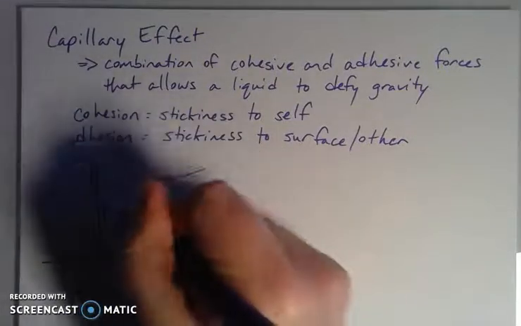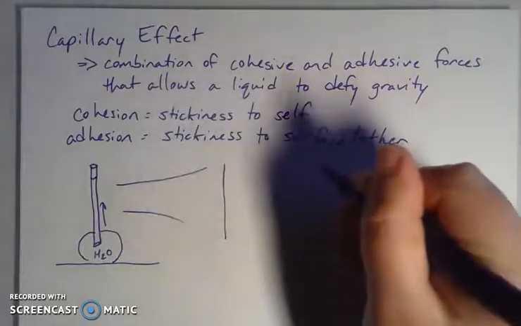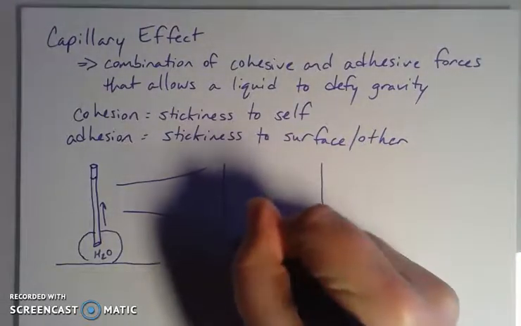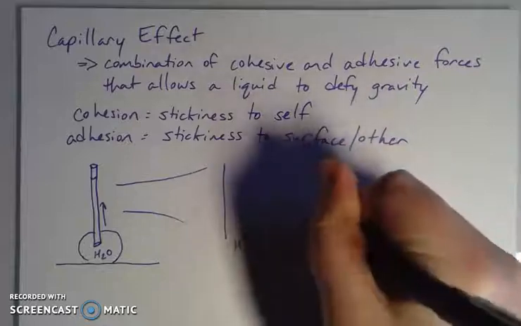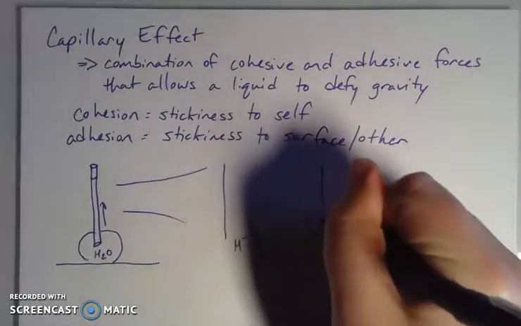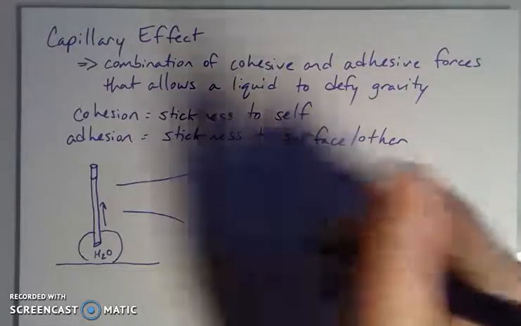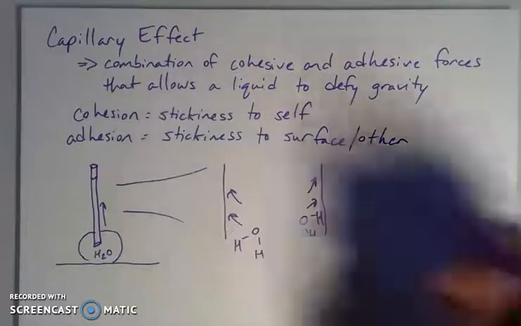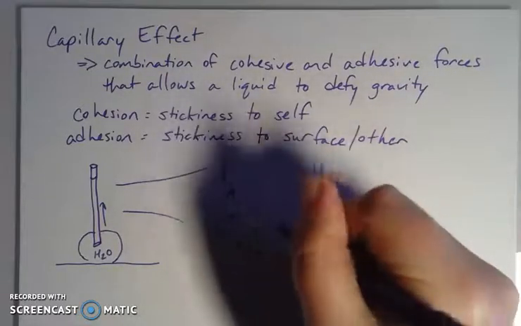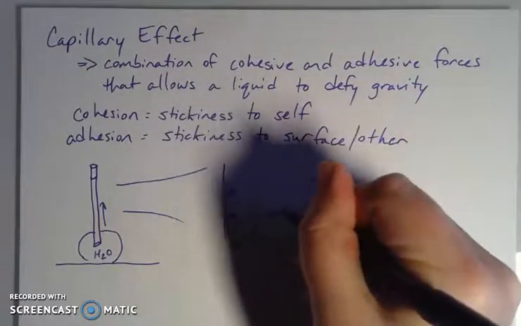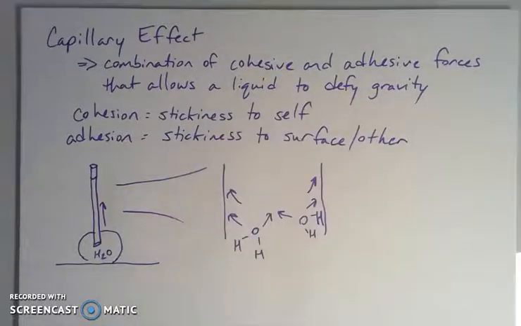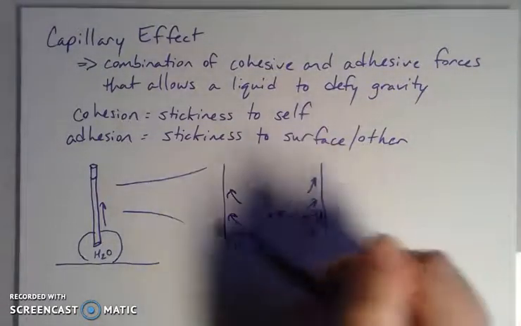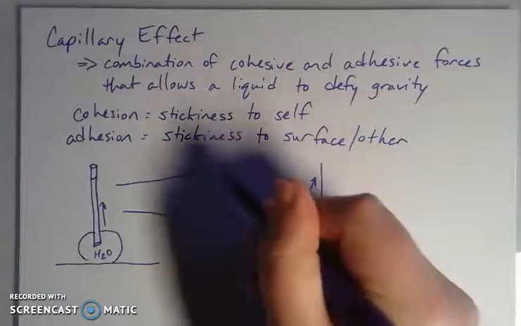If I was to make this tube a little bit wider so that I could see what's going on, my water molecules, because of their intermolecular forces, are going to be attracted to the sides of the tube, and they're going to climb their way up. And then the water molecules are also going to be attracted to each other. So there's this combination of adhesion to the sides of the wall and cohesion to each other.